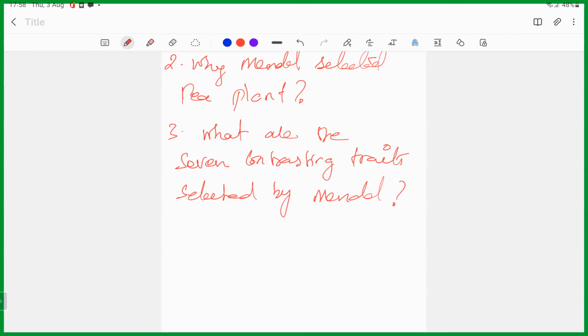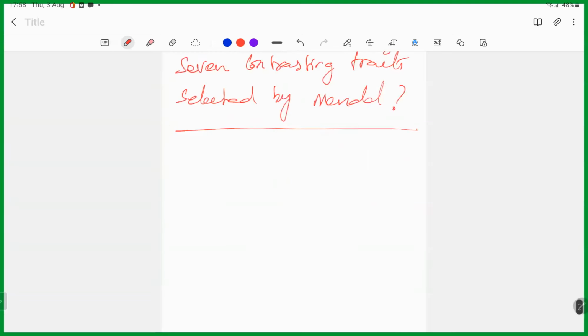First one now, Gregor Mendel's experiment. Why did Mendel succeed? That one. So write: introduced statistics and mathematics in science. One.